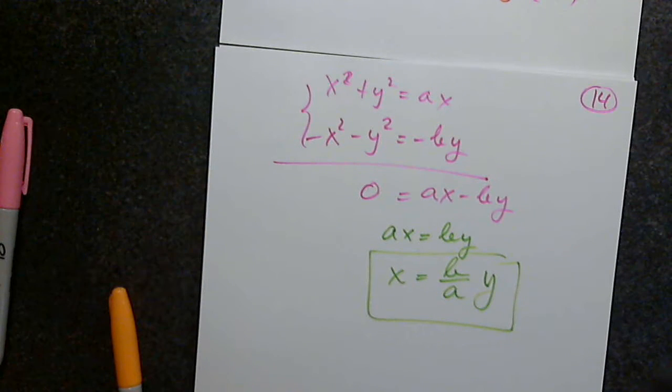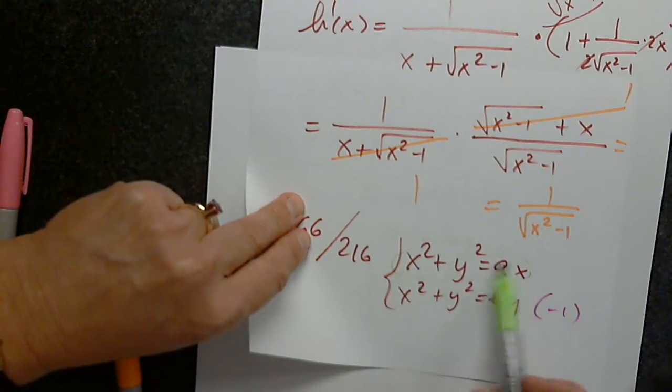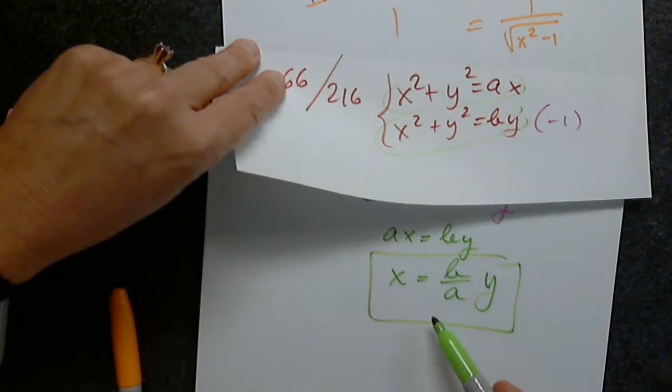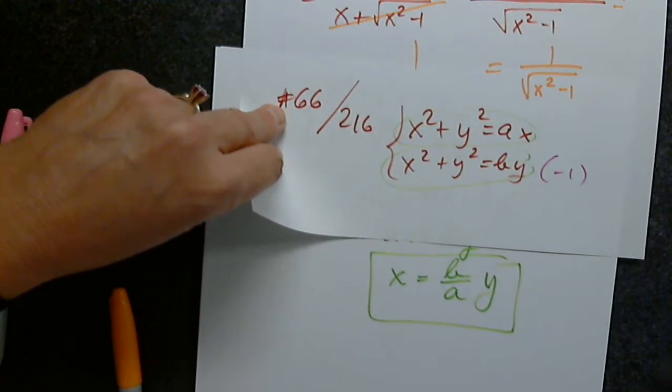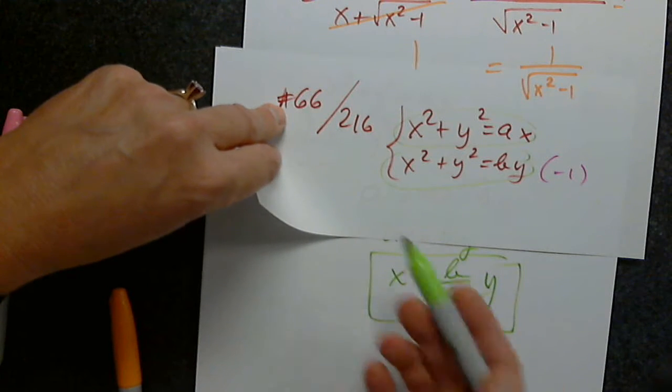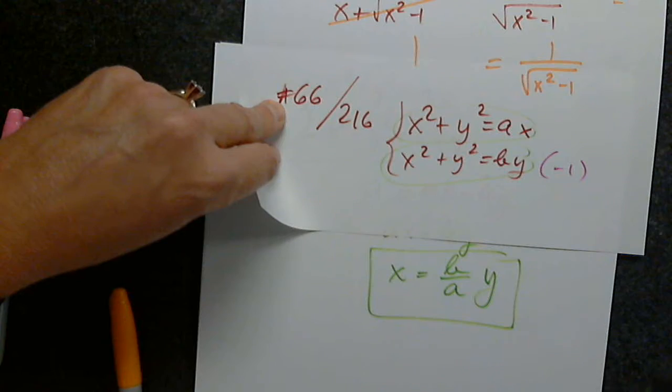So far, so good? Okay, so now I have to go back. It doesn't matter where I go back. I have x, and I have to plug it in and determine y. Where do you want to go back, to the first one or to the second one?